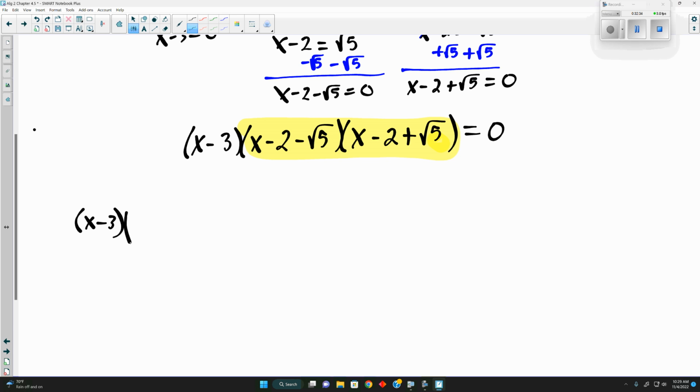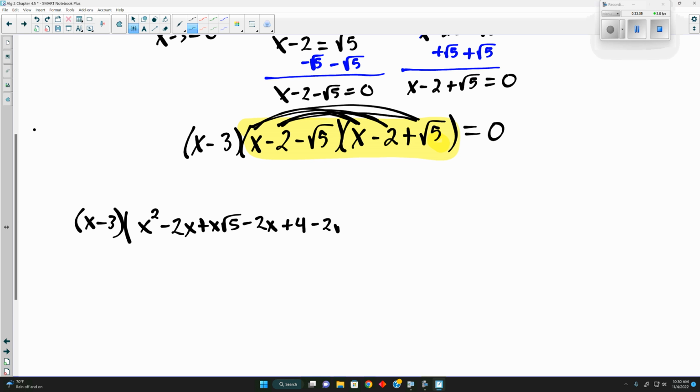Now when we multiply the other one, x times x is x squared. x times negative 2 is negative 2x. x times square root of 5 is plus x square root of 5. So we did it with just x. Now we do it again with negative 2. Negative 2 times x is negative 2x. Negative 2 times negative 2 is plus 4. Negative 2 times square root of 5 is negative 2 square root of 5.